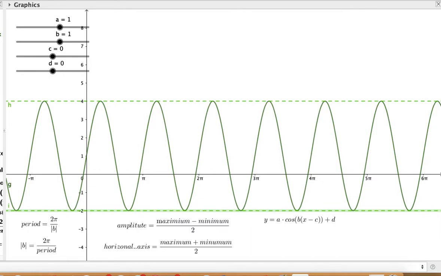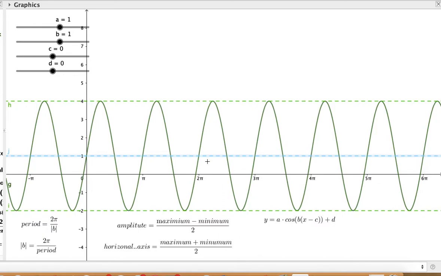Our horizontal axis, now remember the horizontal axis is that line that is right in the middle. Now you can either calculate this using this formula, or you can just get a feel for what is the halfway point between 4 and -2. And please ensure that you double check. So my maximum is 4, my minimum is -2, so 4 plus -2 is 2, divided by 2 is 1.